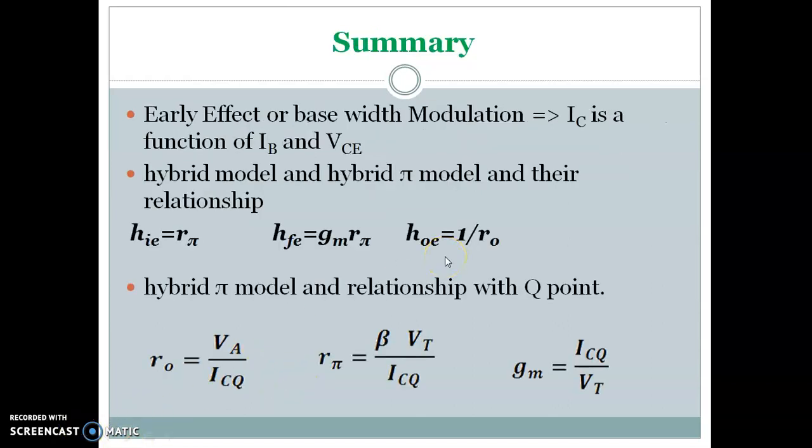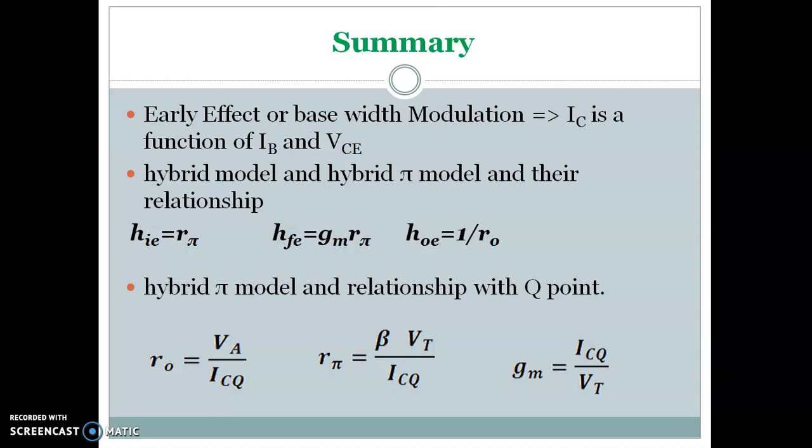Next, we will summarize the topics we have seen so far. The early effect, or the base width modulation, tells us that IC is not only a function of input current, it is also a function of your reverse saturation current, which depends on your output voltage.